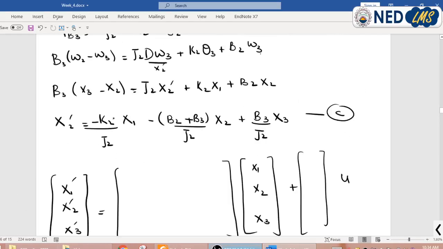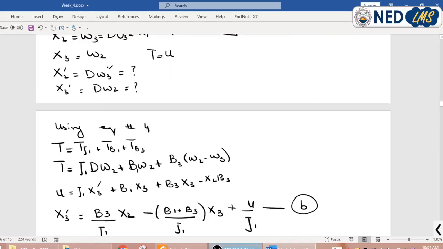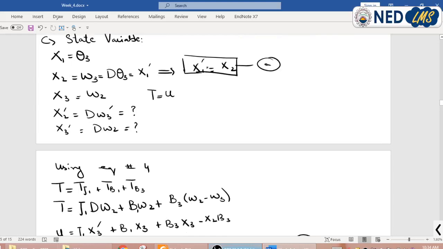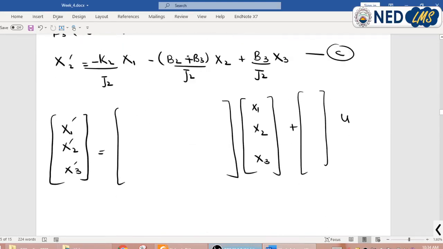If we see, x1 dash is available here, which is equal to x2, no dependency on x1 and x3, so the coefficients of x1 and x3 are 0, only x2, and no dependency on u.